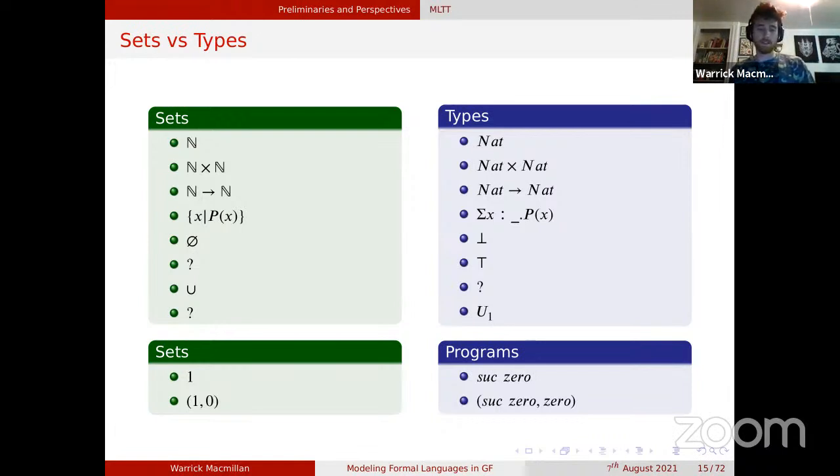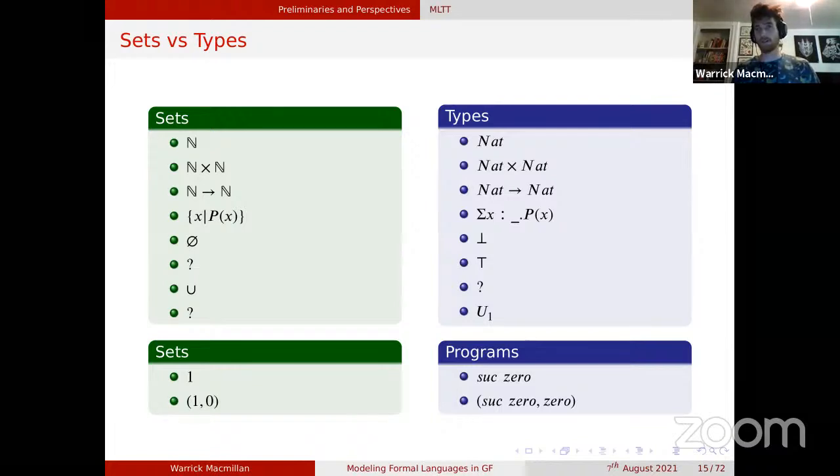And then there's things like universes, which sets don't have. I guess there's classes and there's things like cardinality, constructing sets of higher cardinality. In some sense that can be modeled in type theory, but it's not analogous to universes.